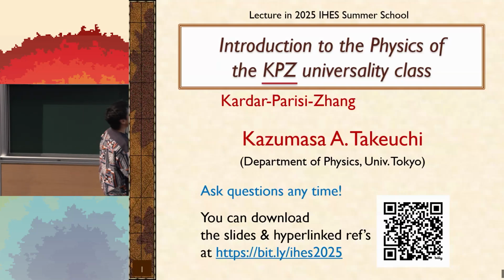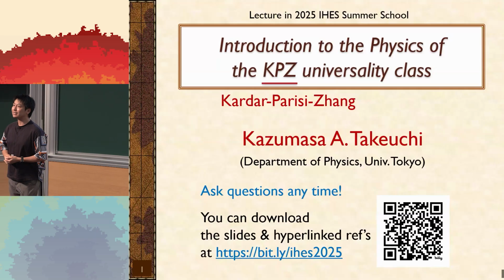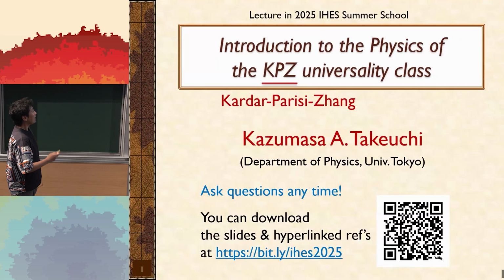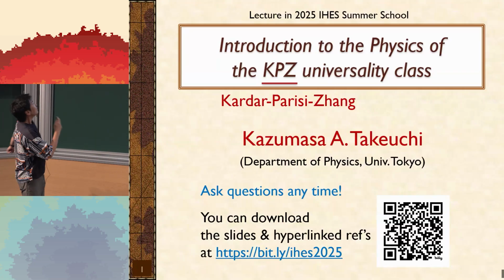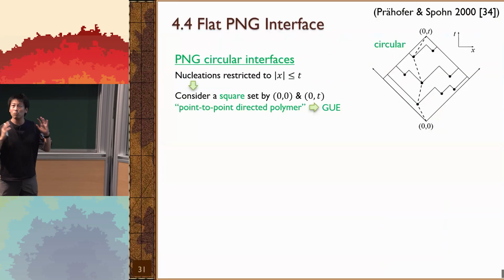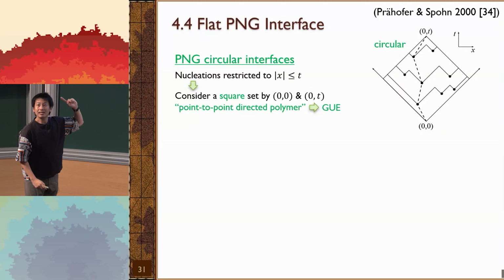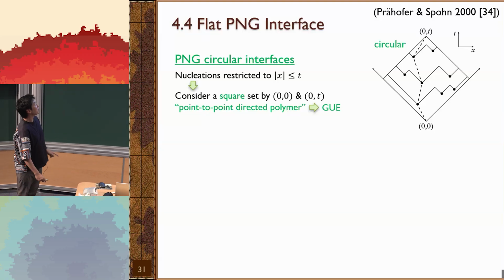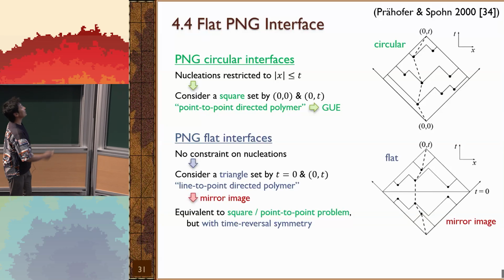Yeah, this is the last lecture of mine about the KPZ Universality class, especially exact solutions and related stuff. So let me recap what I explained yesterday. We were focusing on the 1D KPZ class, and I was explaining a solvable model, the PNG model, polynuclear growth model, and the main conclusion is this.